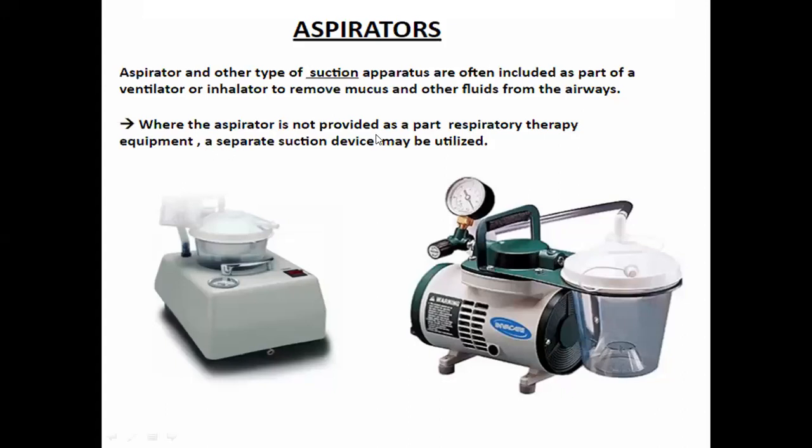Where the respirator is not provided as a part of the respiratory therapy equipment, separate suction devices may be utilized. The aspirator is also a part of the ventilators; it will be fixed as a part of them. If it is not provided with the ventilators, you have to use a separate suction device to remove unwanted mucus or other unwanted materials present in the air pathways.